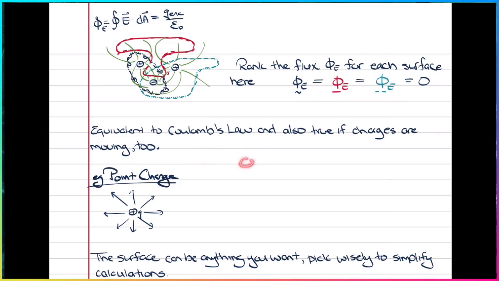There's an equivalence relationship for the math majors. But it turns out that Gauss's law is also true if the charges are moving as well. So this is actually saying something that's a little bit more than Coulomb's law. Notice that we never had the charges moving. Coulomb's law really is only valid if they are stationary or very, very close to being stationary.